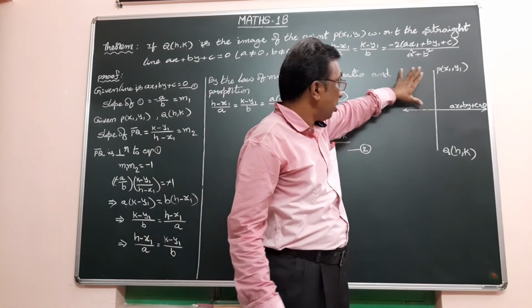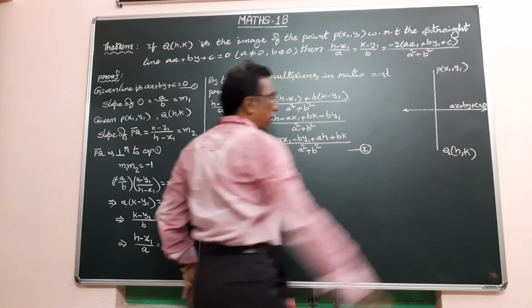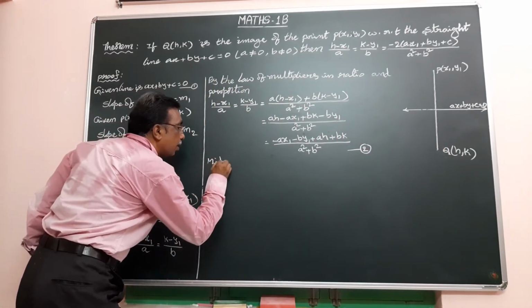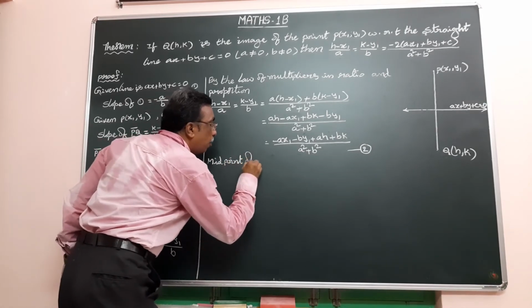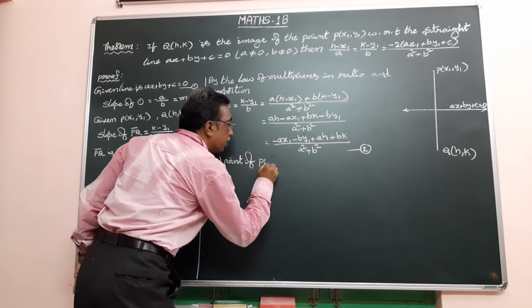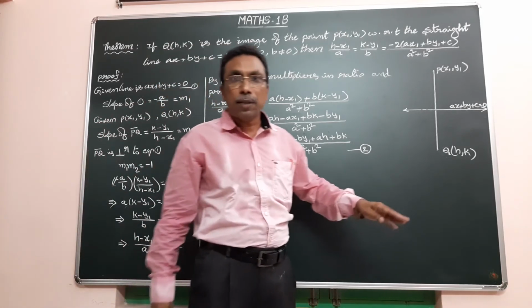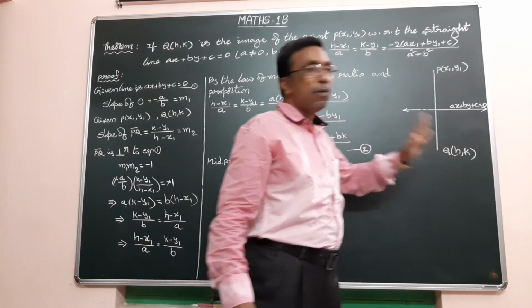First of all, next we will find the midpoint of PQ bar. What is the midpoint formula? X1 plus X2 by 2, Y1 plus Y2 by 2.